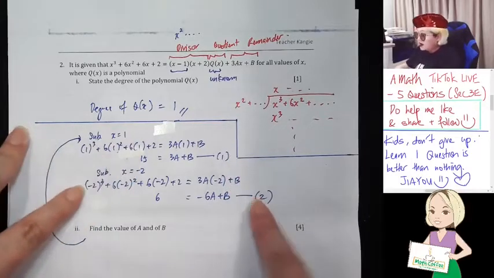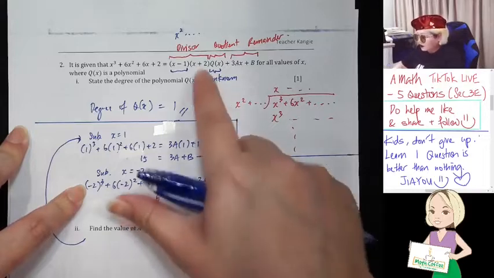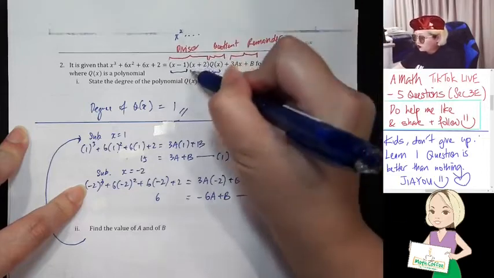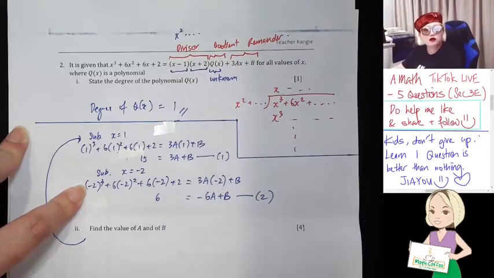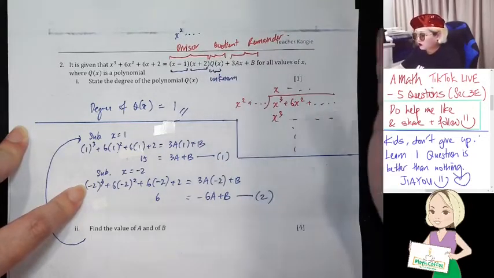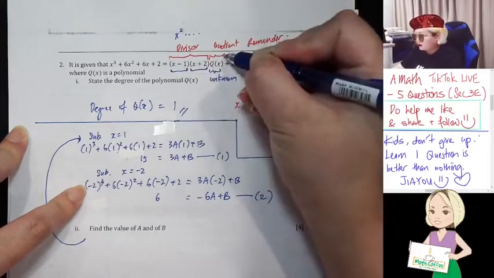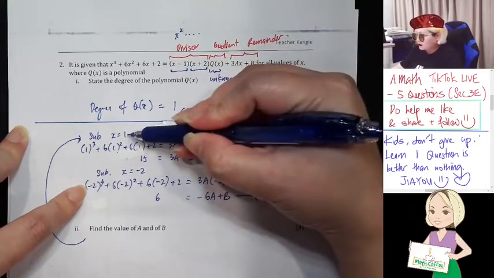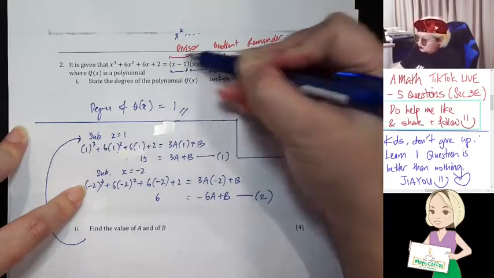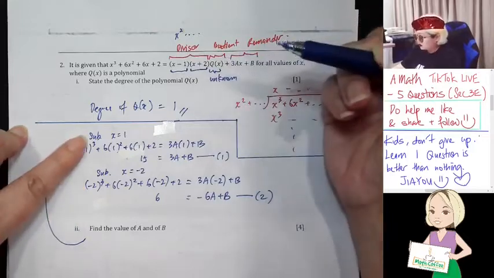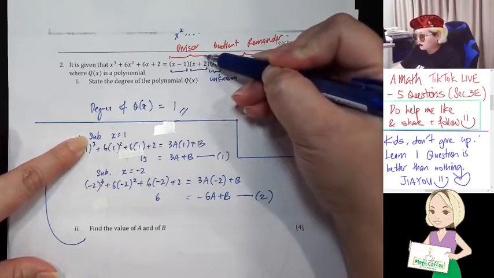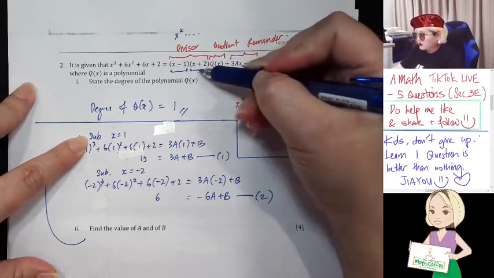Then the next one is, I want to get a second equation. So it becomes minus 2 plus 2, because minus 2 plus 2 gives me 0. So again 0, because 0 multiplied by anything gives you 0. So this whole thing becomes 0, you understand? The first, x equals to 1, 0 times anything, the whole thing becomes 0. Then when I sub x equals to negative 2, I get 0 for the middle. If you sub 2, it becomes 4.